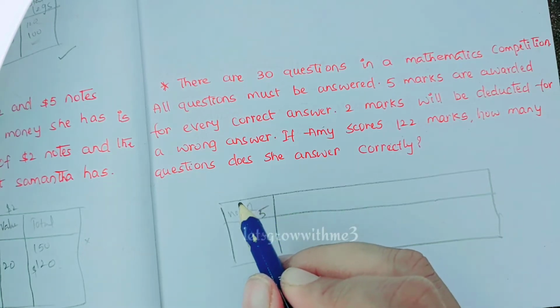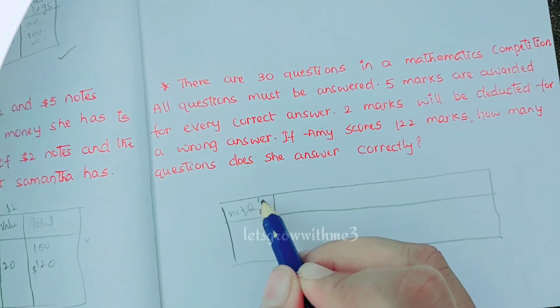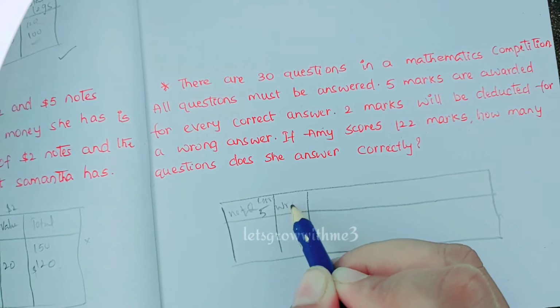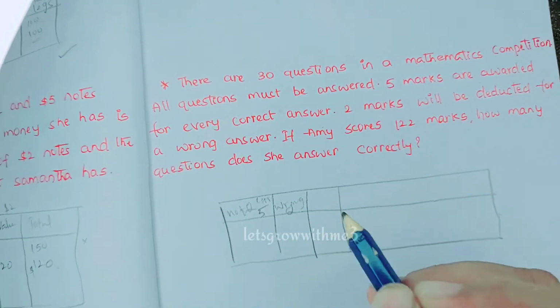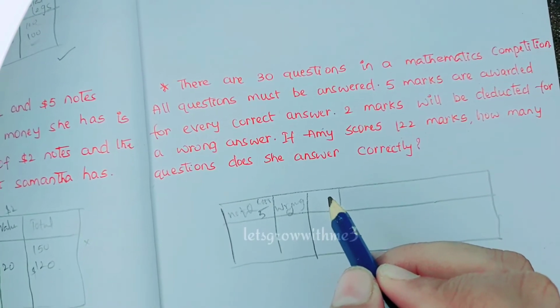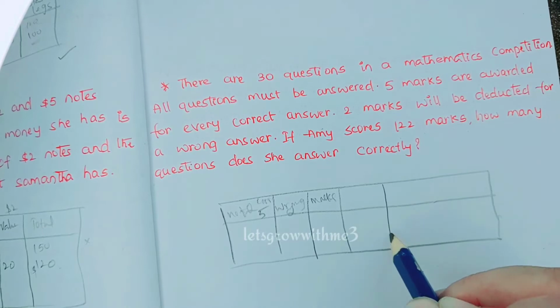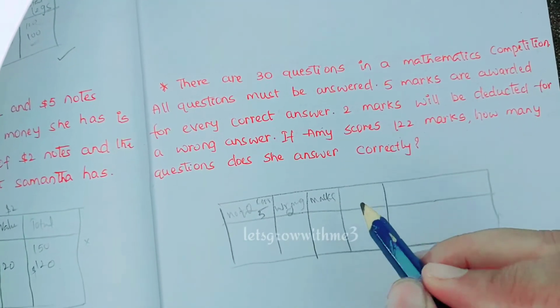So in total we have 5 columns, 2 columns for subject, then the total value of the 5-mark questions, and the total value of the 2-mark questions. Then again we need to add the total marks.